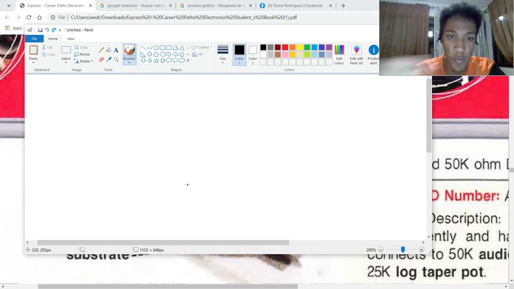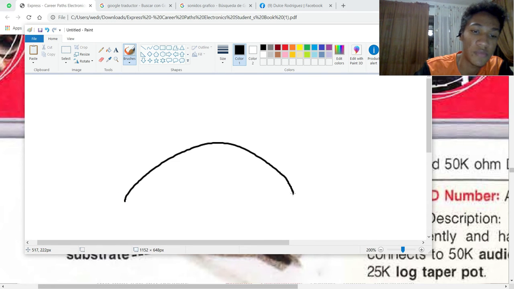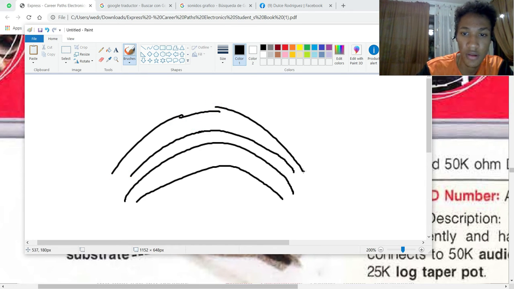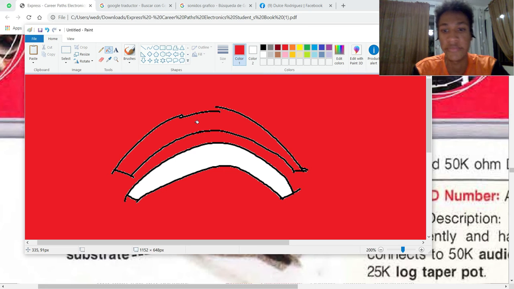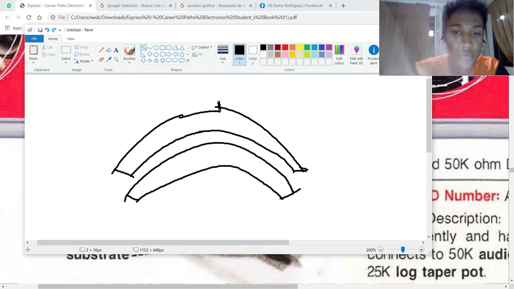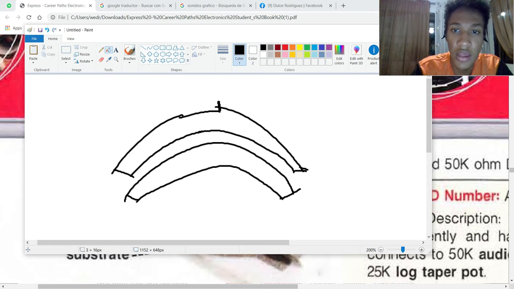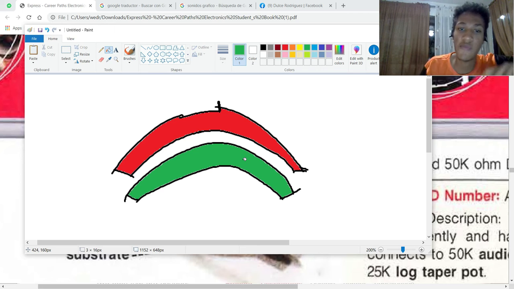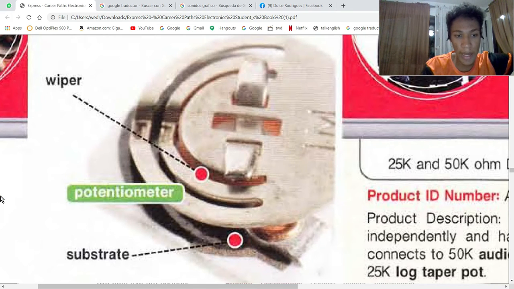I have this. That is a piece of metal, and that is another piece of metal. It's a substrate.